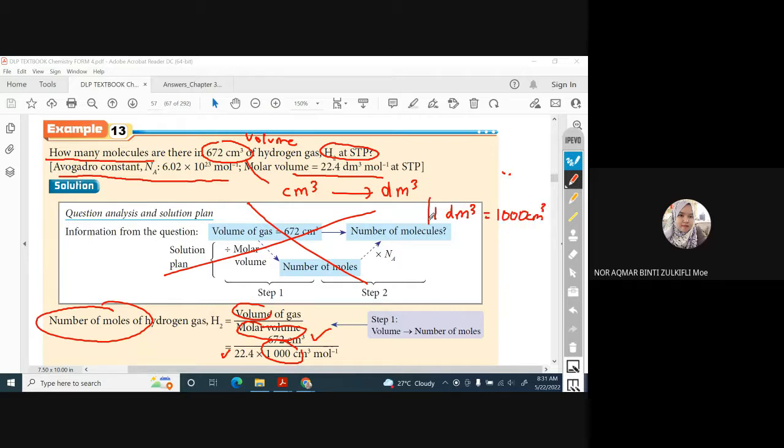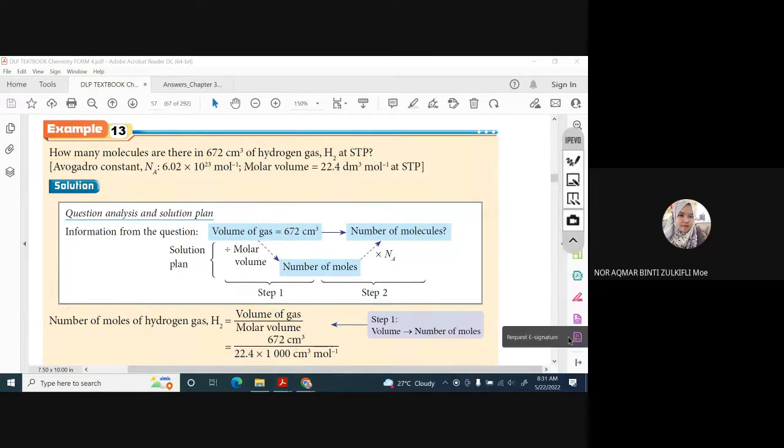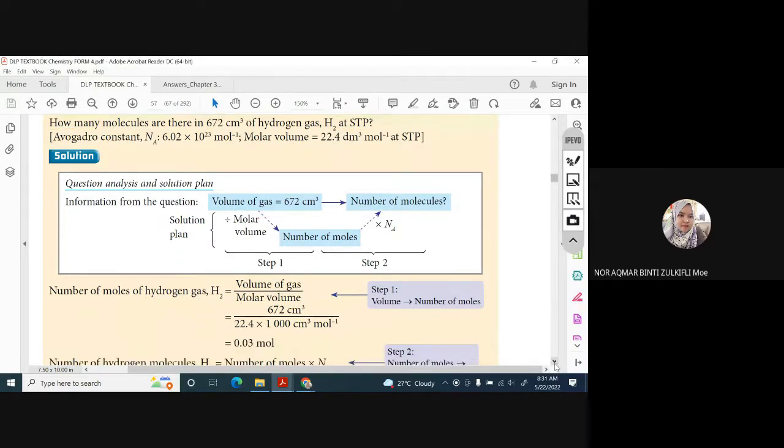So you need to convert to dm cube first. So the answer is 0.03 mole. Every time you want to solve the problem, you must find the number of mole.